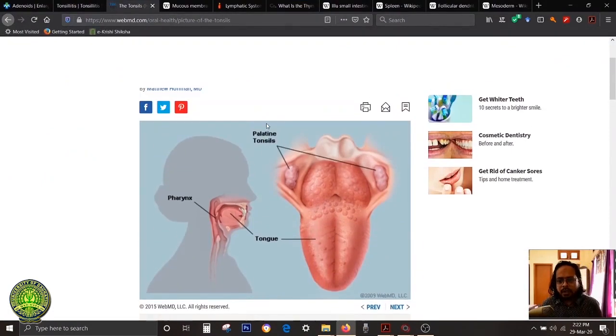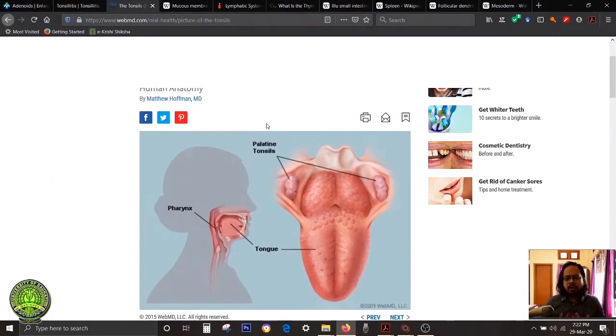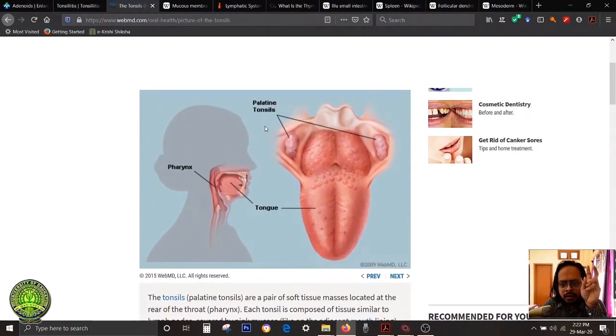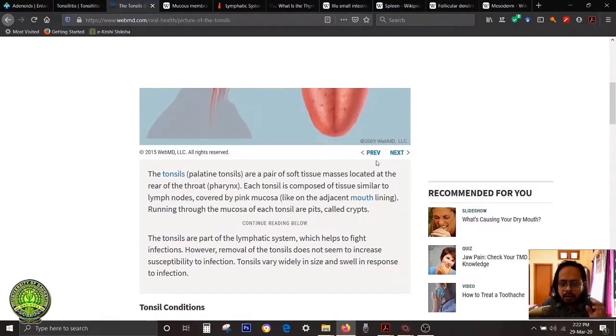If you look at the tonsils, everybody has tonsils, but where are the tonsils located? They are a set of masses located at the back of your tongue. As you can see, we have the tongue, we have the pharynx, and on both sides we have the tonsils. All right. And the tonsils are located in the rear throat of the pharynx.